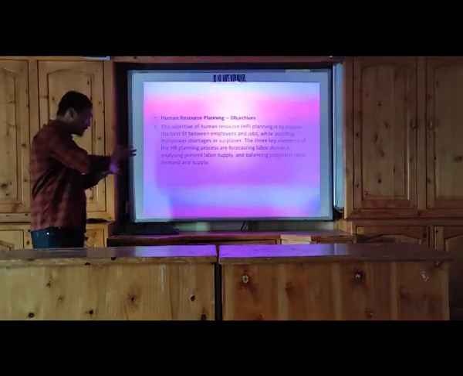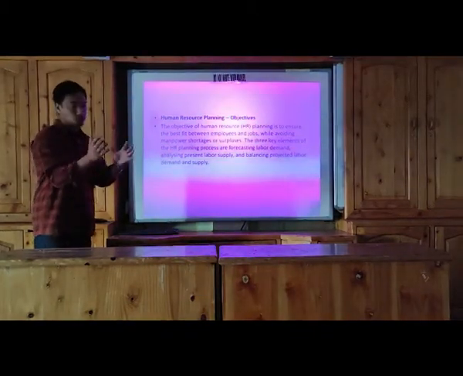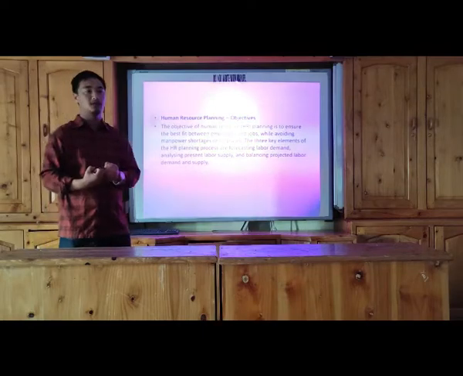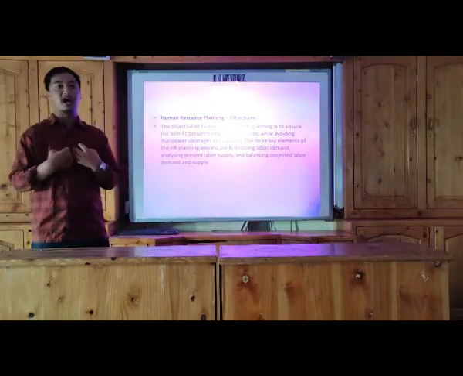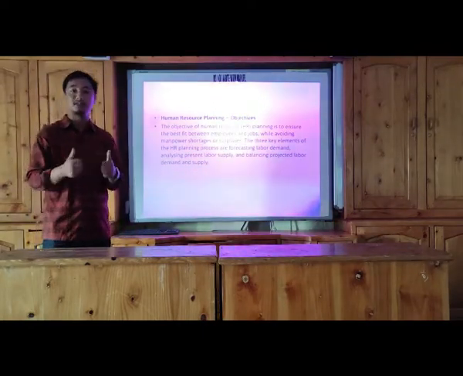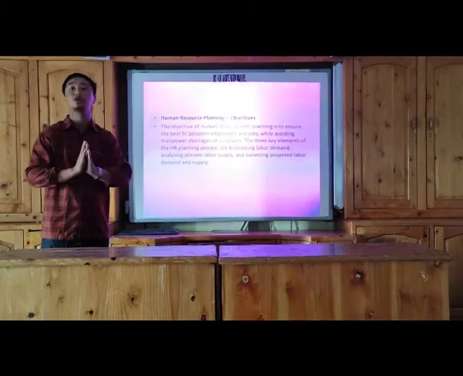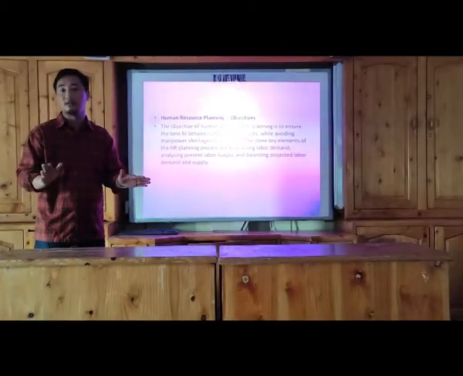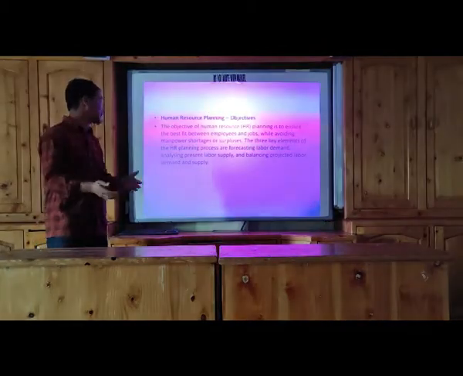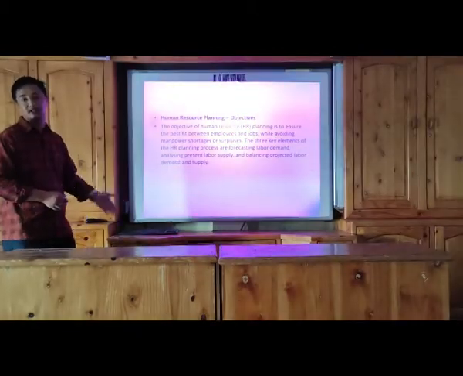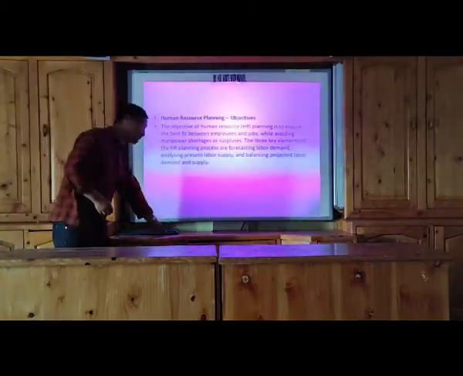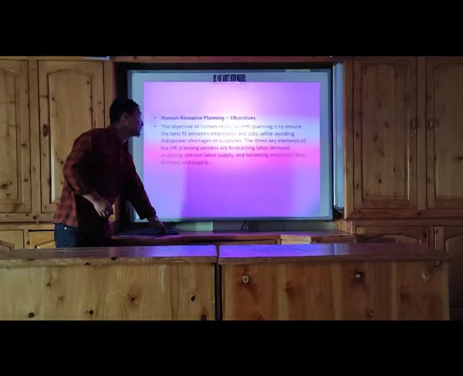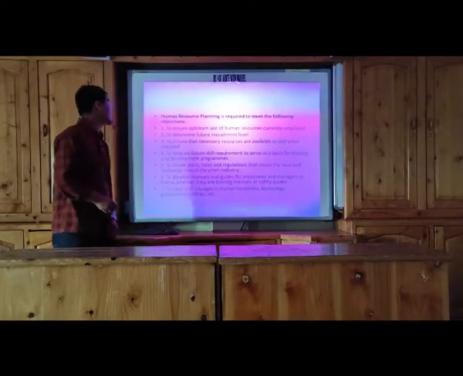Ultimately, as a company, I would want to hire employees who have the right skill sets. I do not want to bear extra cost by surpluses of employees. So this is the objective of human resource planning.